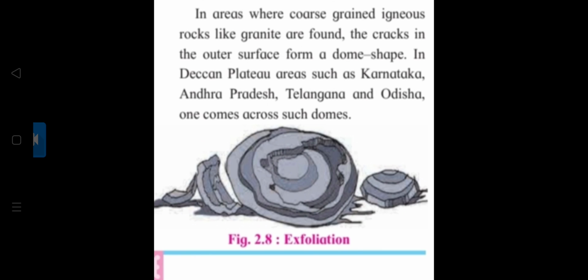Hot deserts are areas of high diurnal range of temperatures. As the temperature increases with the rising sun, the rocks get heated. The rocks react differently to the increased temperature.